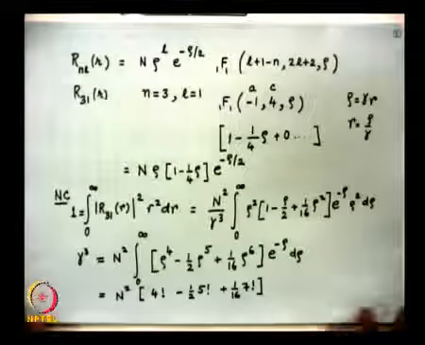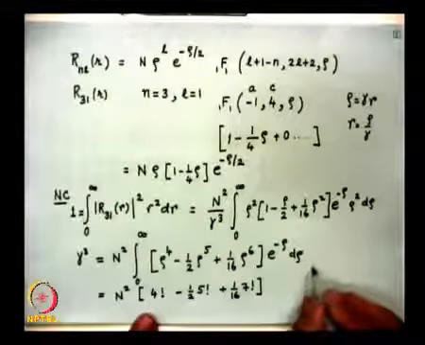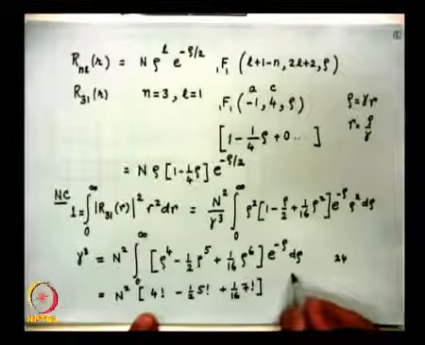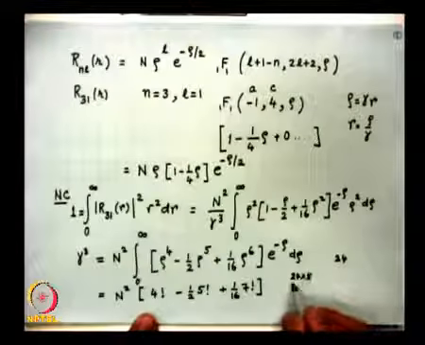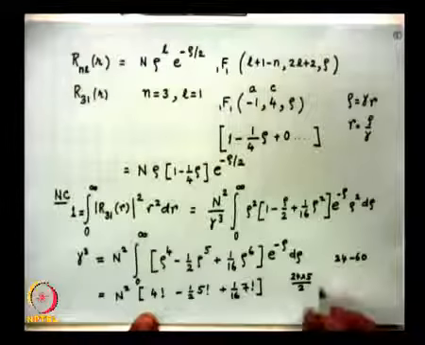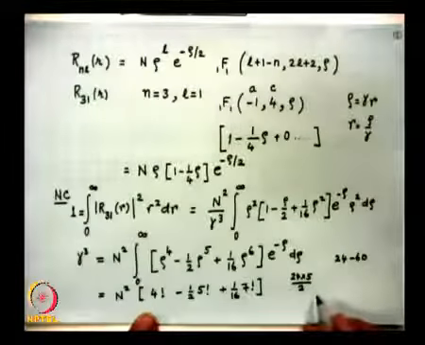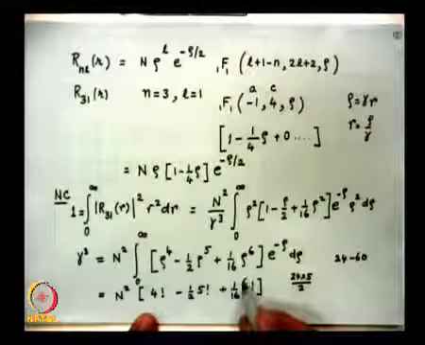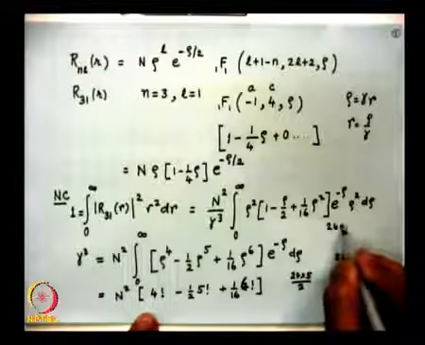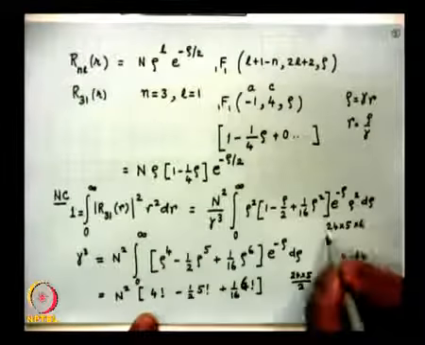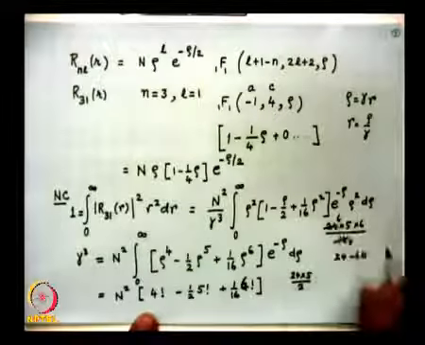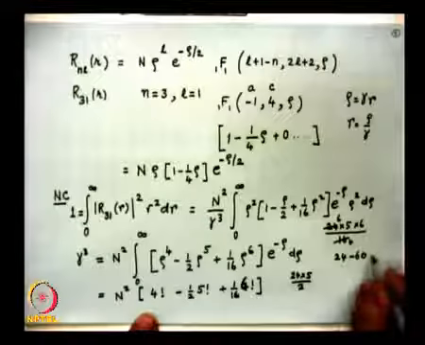So, if you do the algebra, this is 24, minus 24 into 5 divided by 2, that is minus 60, plus 24 into 5 into 6 divided by 16, that is 45.